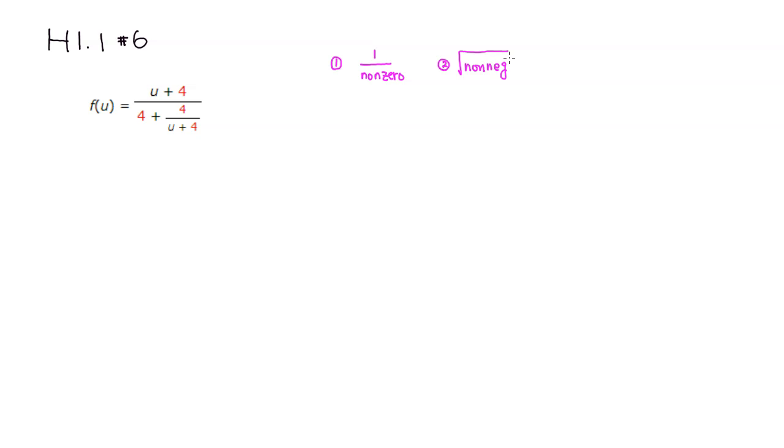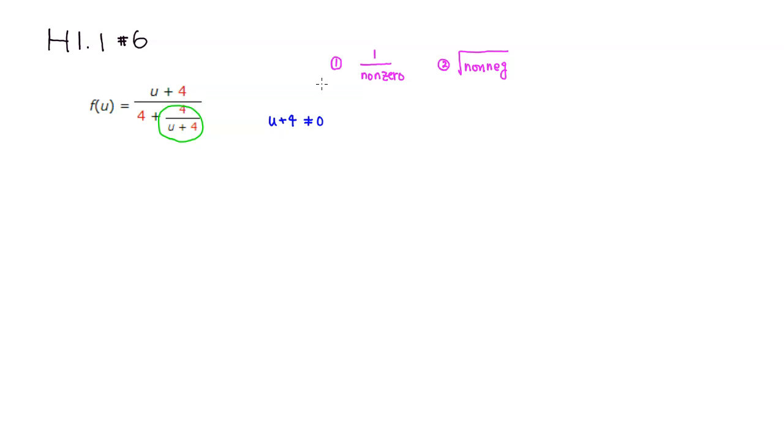In this case, we're just going to apply number 1 here. You can see first that there's a fraction down here, so we have to make sure that its denominator is non-zero. So we have one condition: u plus 4 cannot be equal to 0.